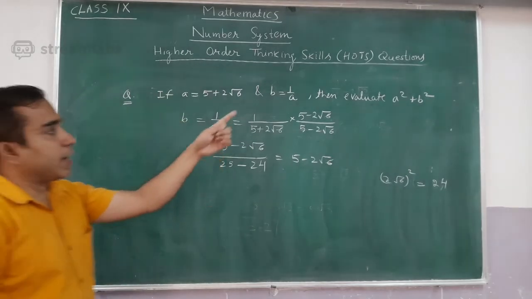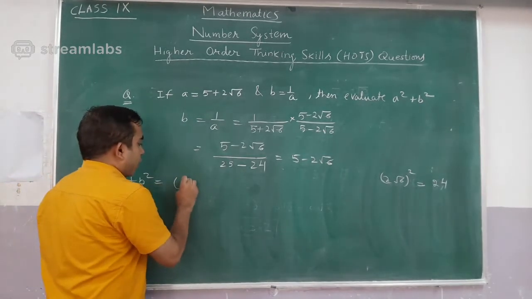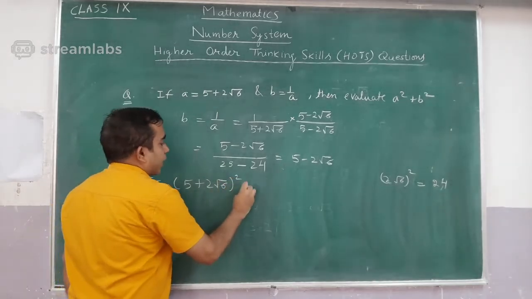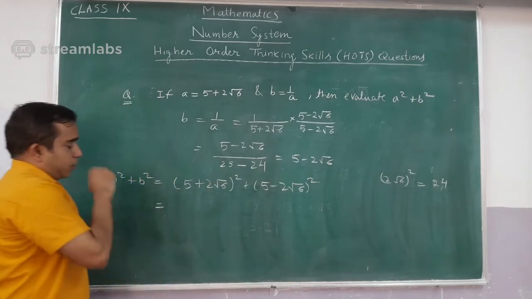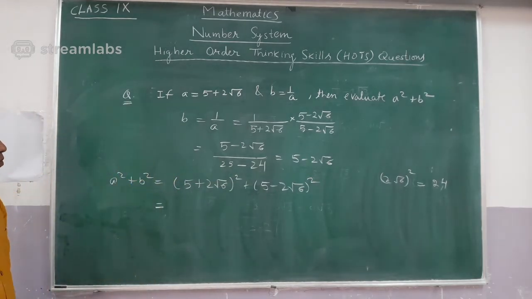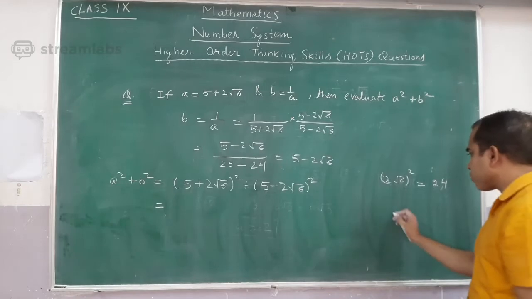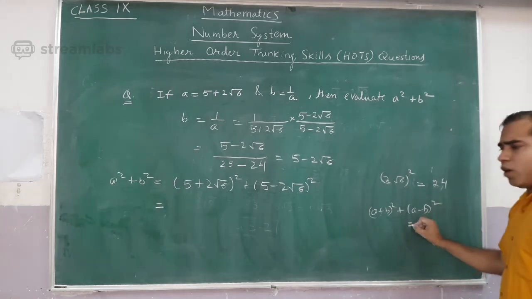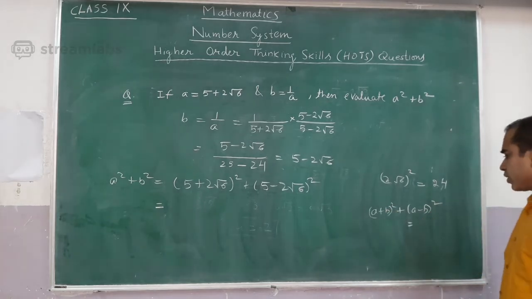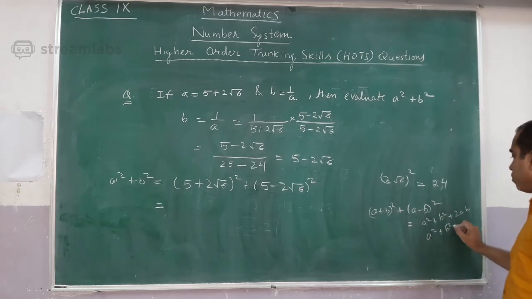A is 5 plus 2 root 6, B is 5 minus 2 root 6, and I have to find A square plus B square. So A square plus B square is 5 plus twice root 6 whole square plus 5 minus twice root 6 whole square. If I simplify it, you know, a plus b whole square plus a minus b whole square, we can do it here itself, but just for the sake of the formula, this gives a square plus b square plus twice ab, and this term gives a square plus b square minus twice ab.